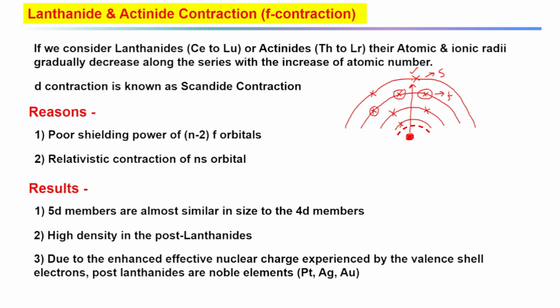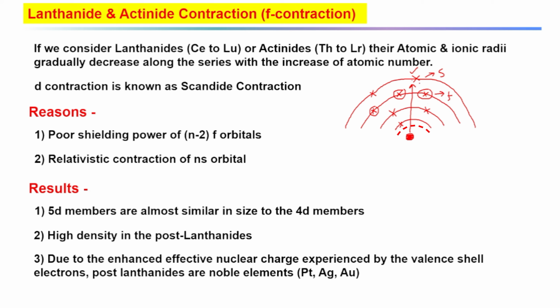Similarly, in the electronic world, the f electrons are diffused in nature, so they cannot shield the attraction of the nucleus to the outermost s and p electrons. That is the poor shielding power of the n minus 2 orbital electrons.